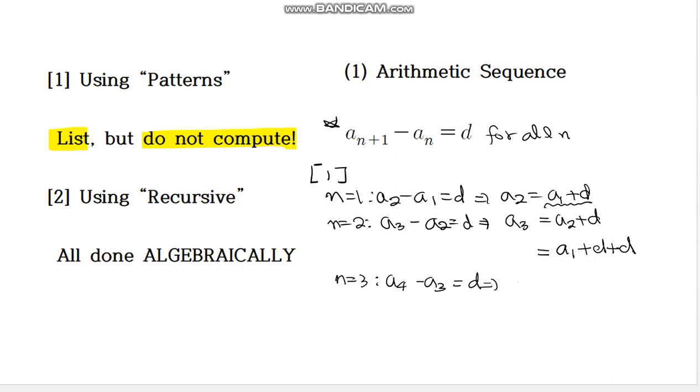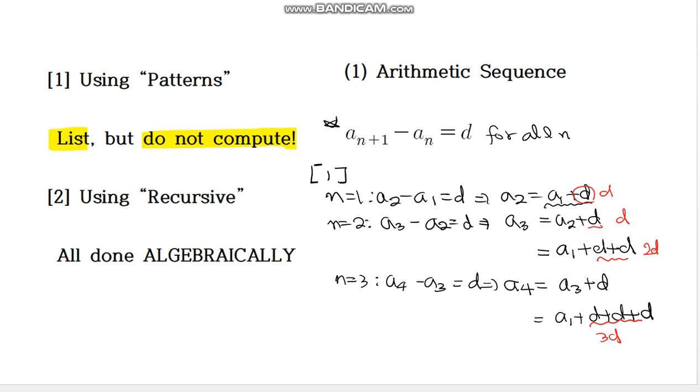So a4 is going to be a3 plus d, and the a3 is replaced by a1 plus d plus d plus d, right? But now I think you're allowed to compute because you see a little bit of a pattern going on here. This is 2d, and then this is 3d, and then this is just d.